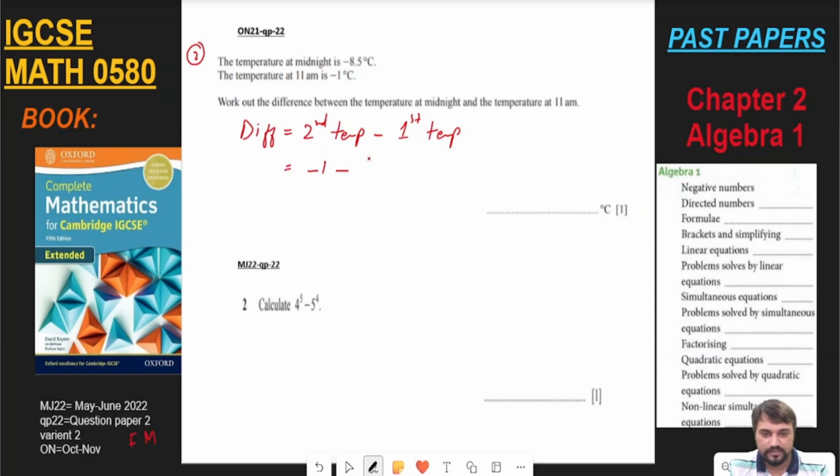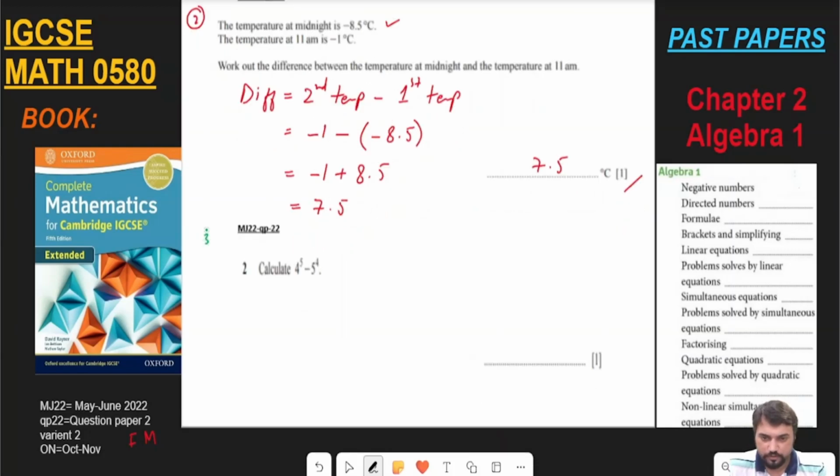This minus remains the same, and the first temperature is minus 8.5 degrees Celsius. So minus 8.5. We are going to solve it. Minus 1 minus into minus is equal to plus, and 8.5. The answer is 7.5 degrees Celsius.